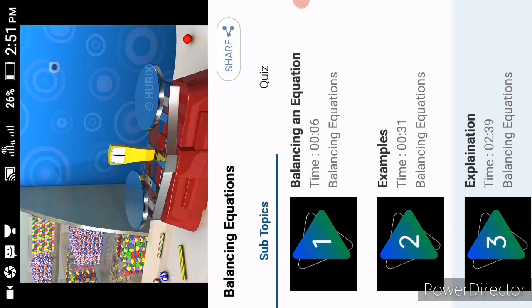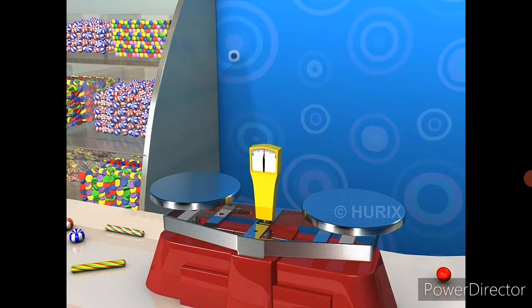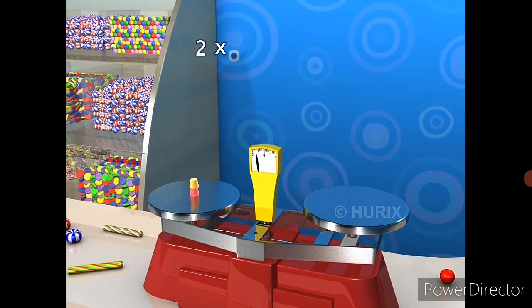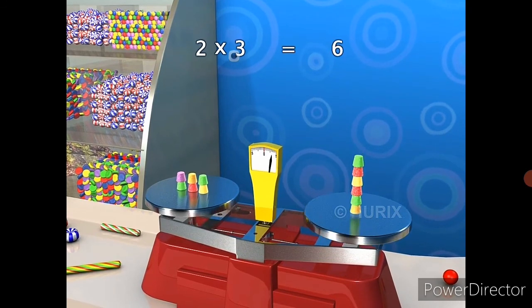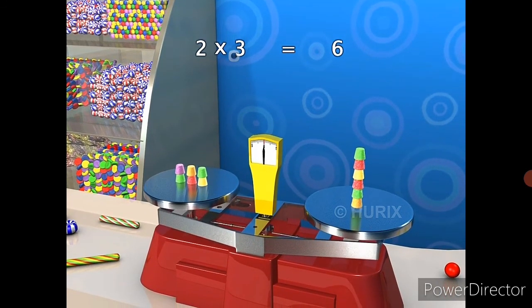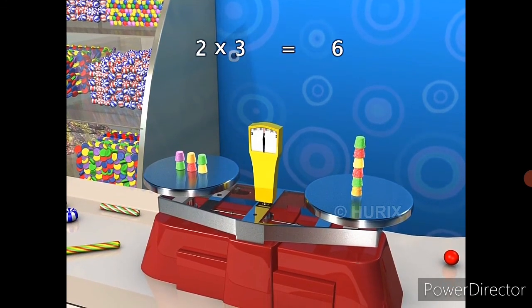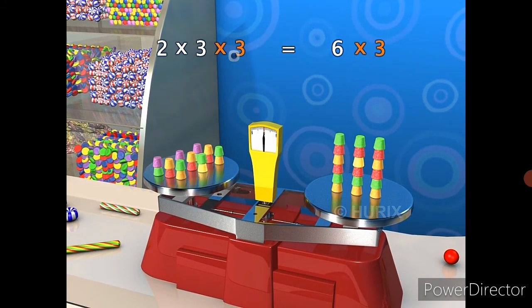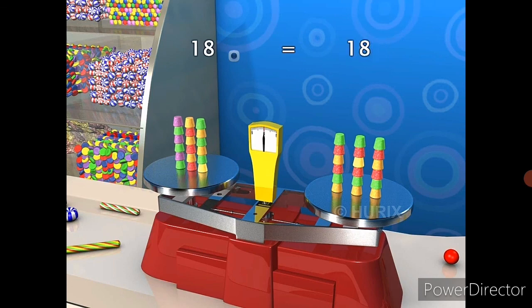For example, in the equation 2 into 3 equals 6, if we multiply both sides by 3, we get 2 into 3 into 3 equals 6 into 3. On simplification, we get 18 equals 18, which is correct.